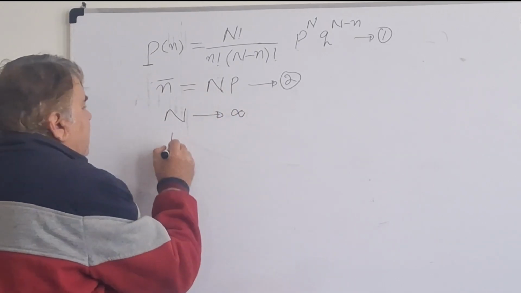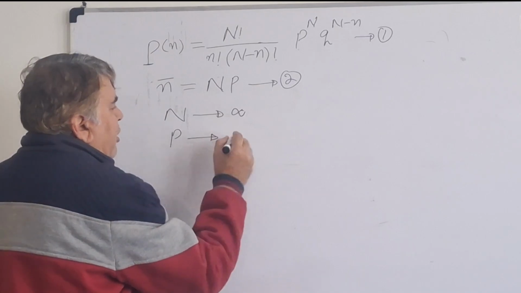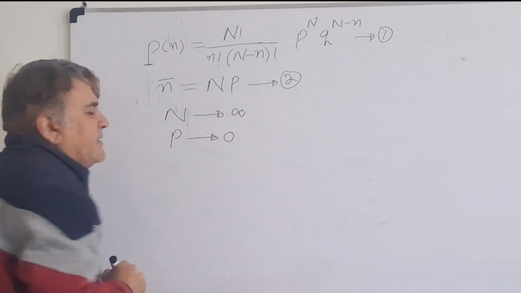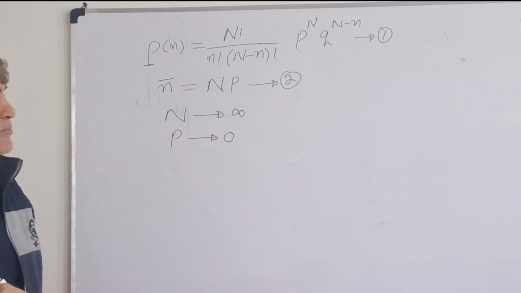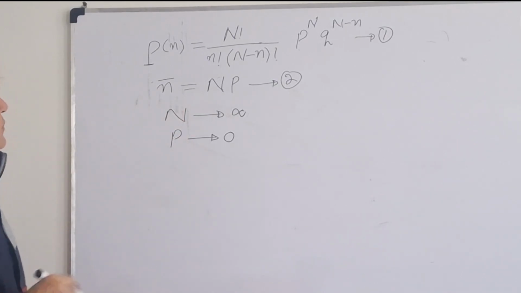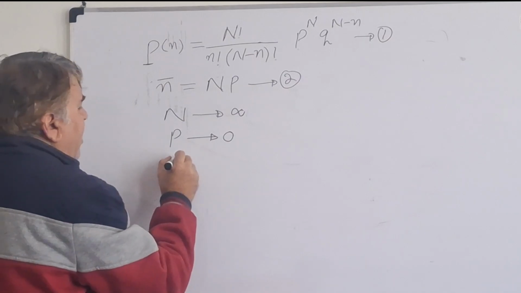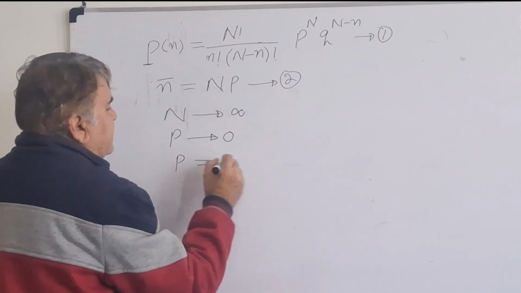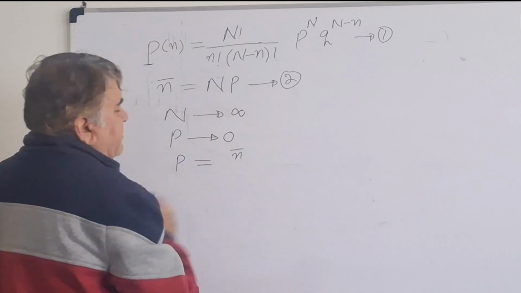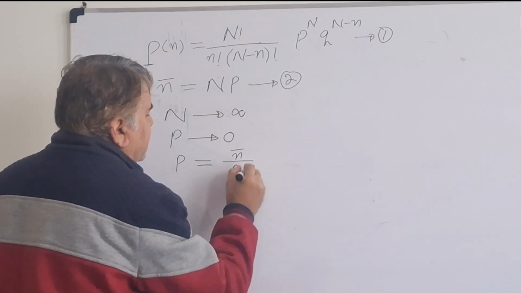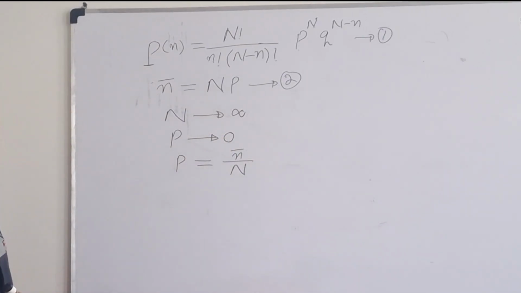So in mathematical language, the very, very small I write as small p tends to 0. With these assumptions, I can rewrite equation 2 in the form p equals the average value of the successes divided by the total number of trials.